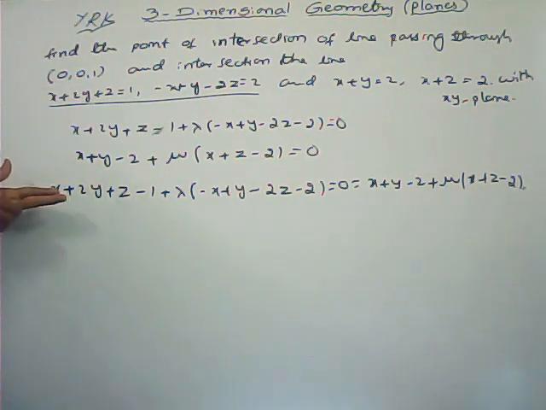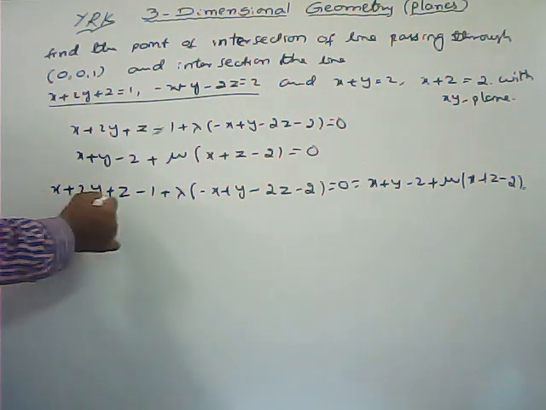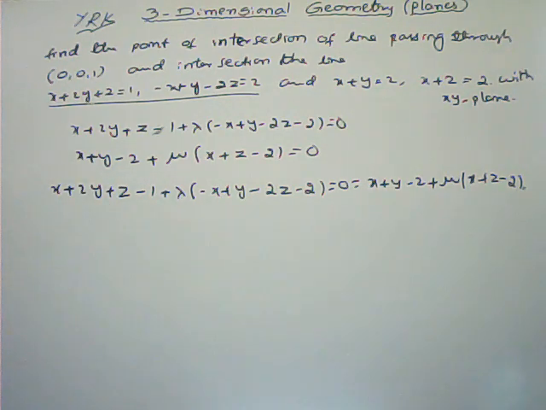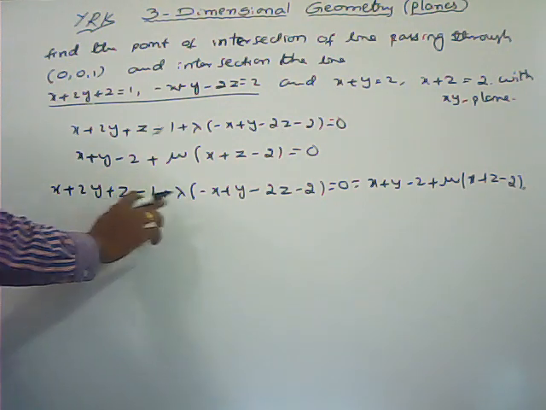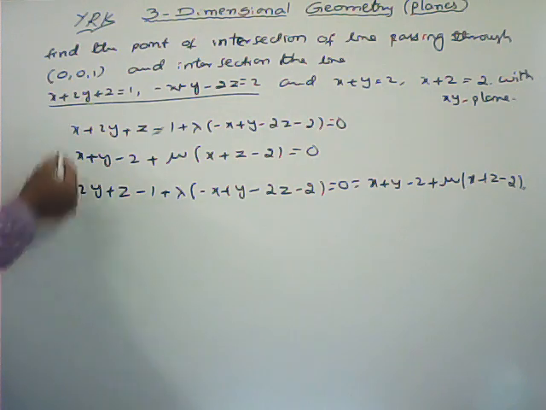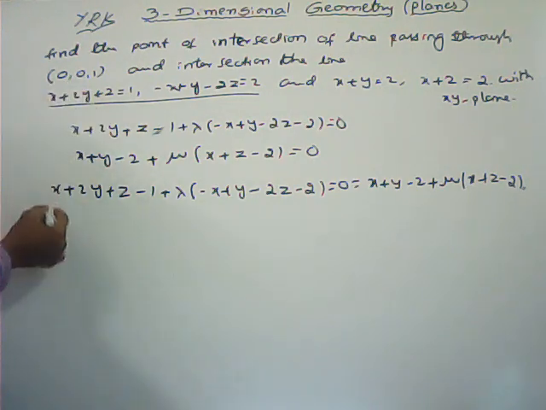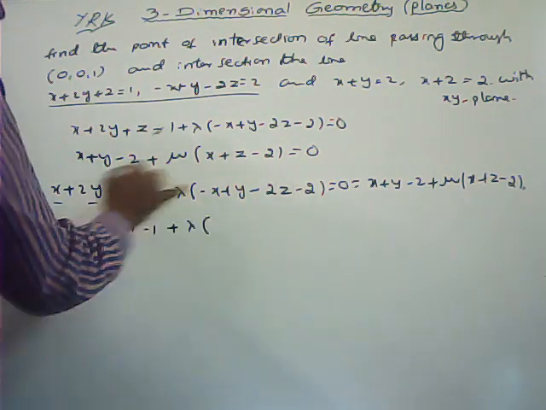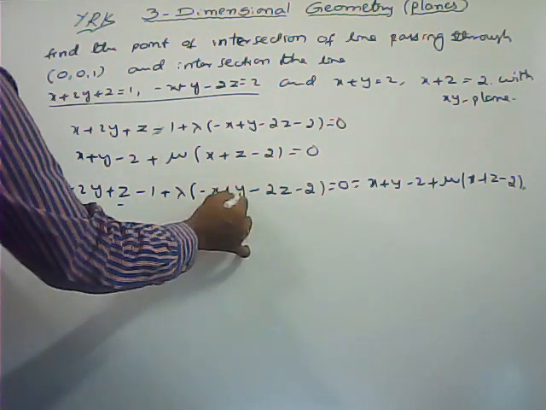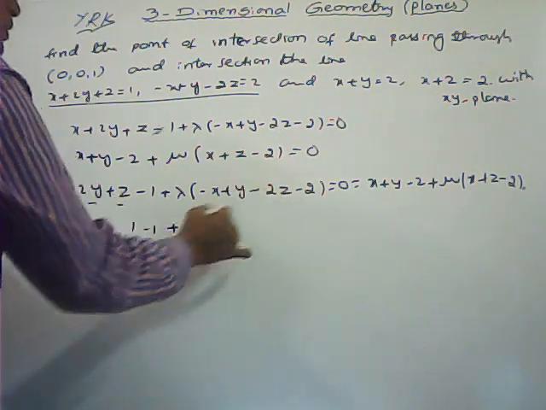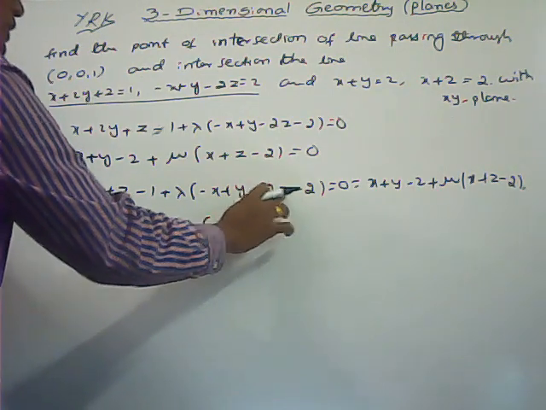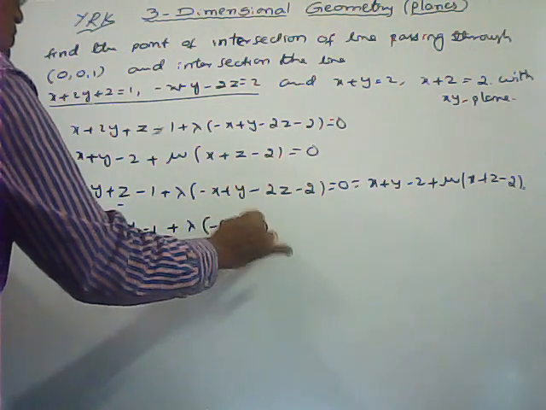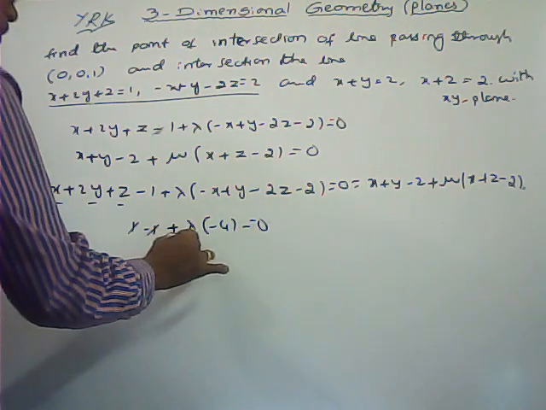This is the required line passing through the point (0, 0, 1). We can get it by putting lambda equal to 0. In the place of x, y, z you can put 0, 0, 1: 1 minus 1 is 0 only, plus lambda into (0, 0, 1 gives minus 2, minus 4) equal to 0. Here 1 minus 1 is 0 only, so lambda is equal to 0.